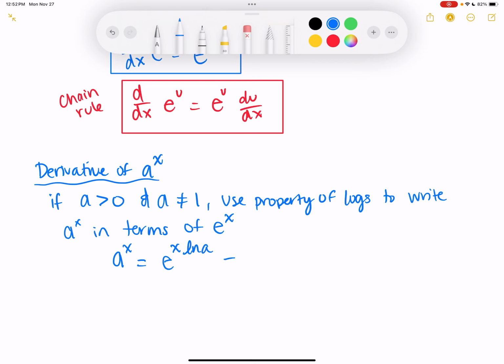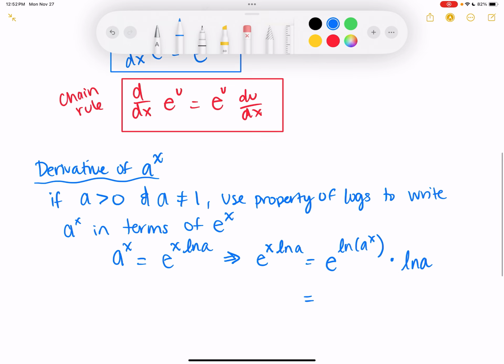Which gives us then e to the x ln of a is equal to e to the ln of a, to the x, times the ln of a, which ultimately gives us a to the x ln of a.